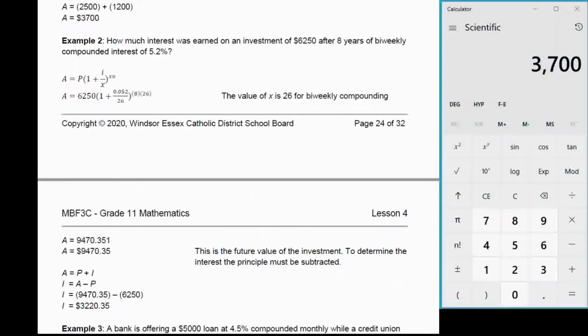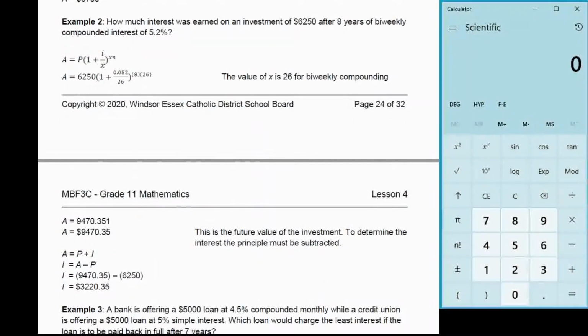Another question you might be asked is if we had an investment of $6,250, it says how much interest was earned on this investment after 8 years of biweekly compounded interest of 5.2%.